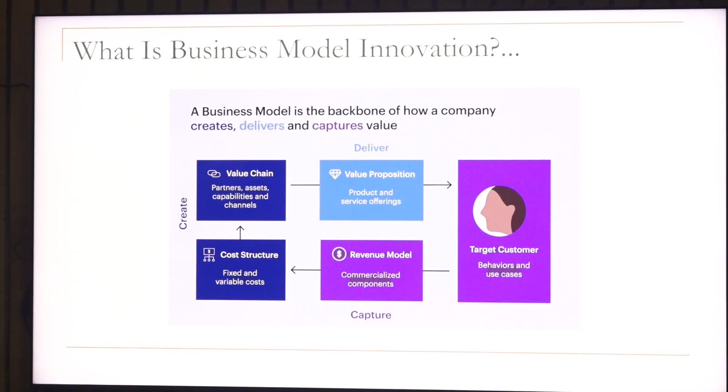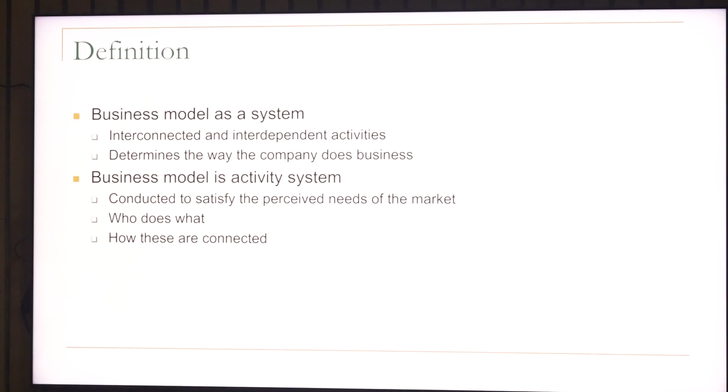When we are setting up an organization, you require certain fixed assets, and then there will be variable assets. Partnering comes with a variable. So this is a kind of template which talks about creation, delivery, and capturing of value.